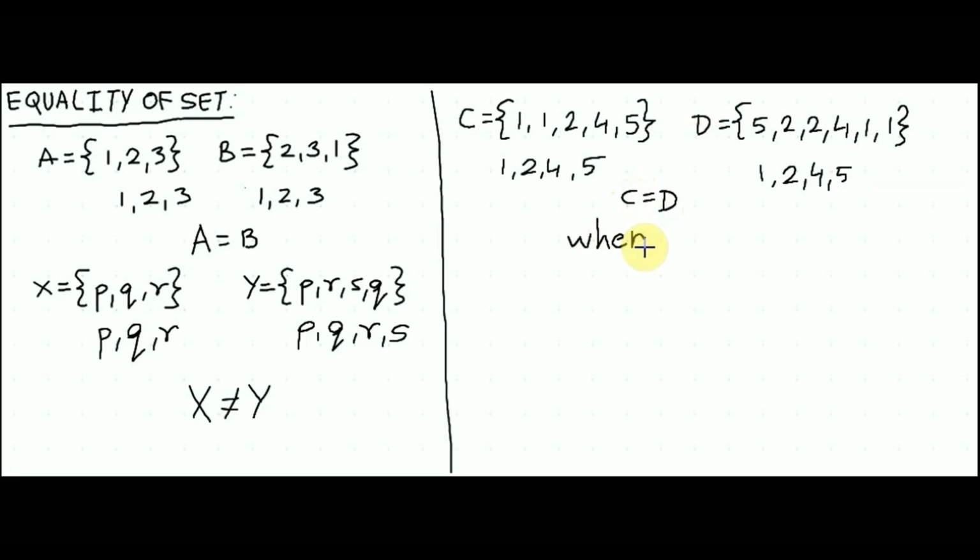When any set A is equal to set B, it does not imply that n(A) equals n(B). Fine. So this is how we can check the equality of sets.